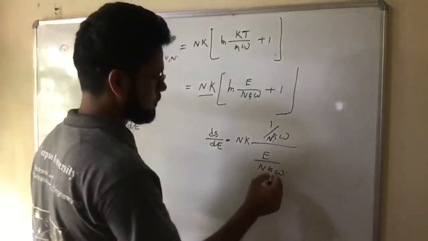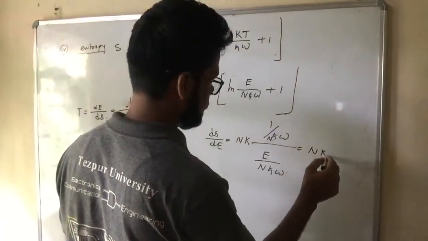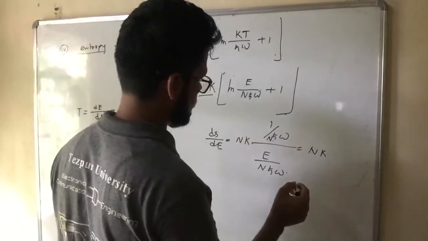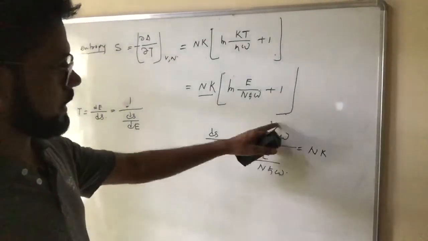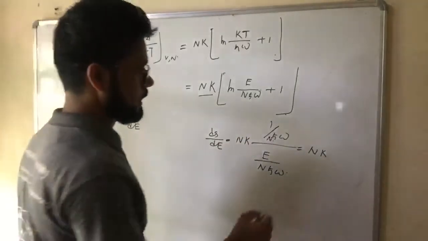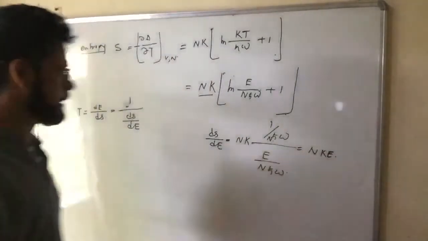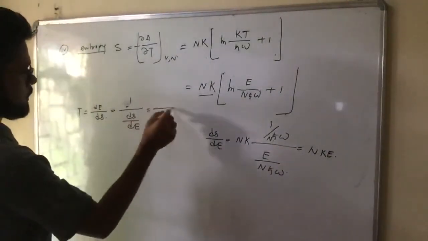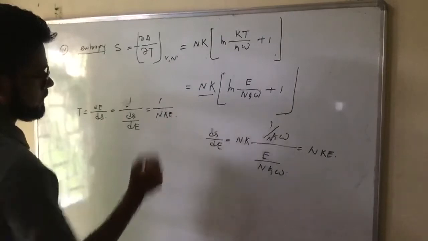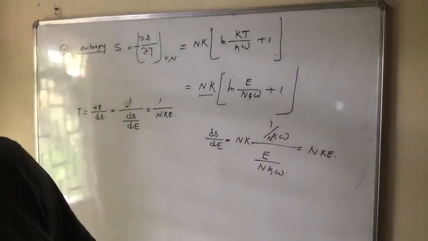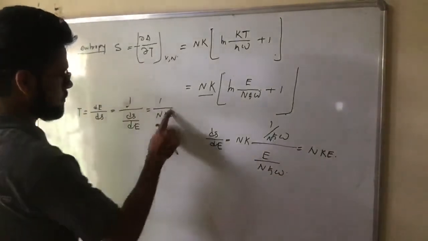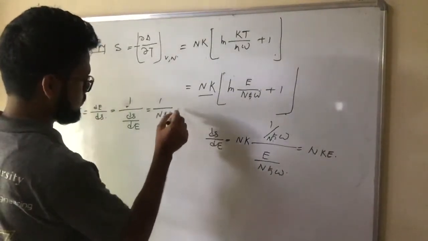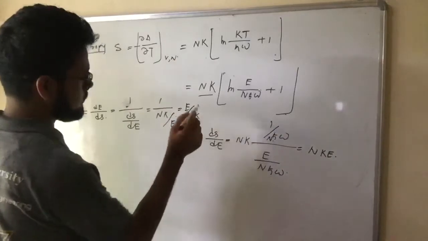So N h cos omega and h cos omega cancel, and E will be there, Nk by E. Is it okay? Then what is the value? 1 by Nk by E, sorry, E by Nk. This is the temperature of the system.